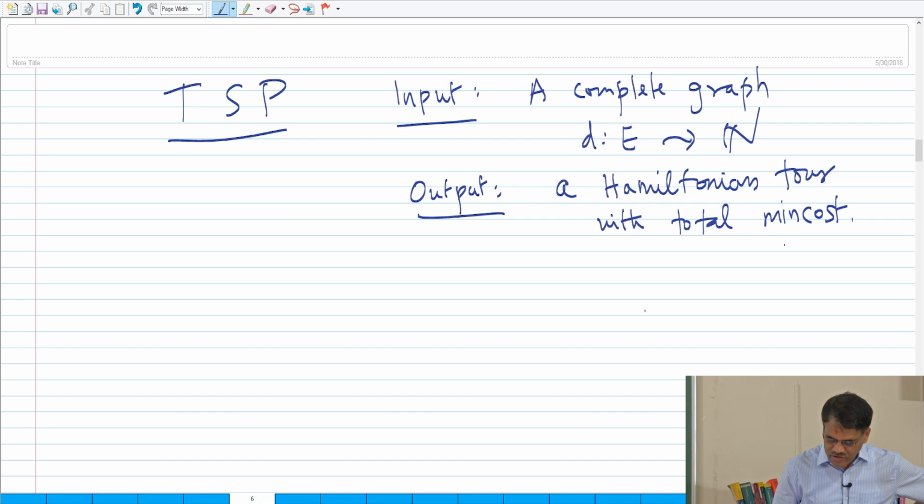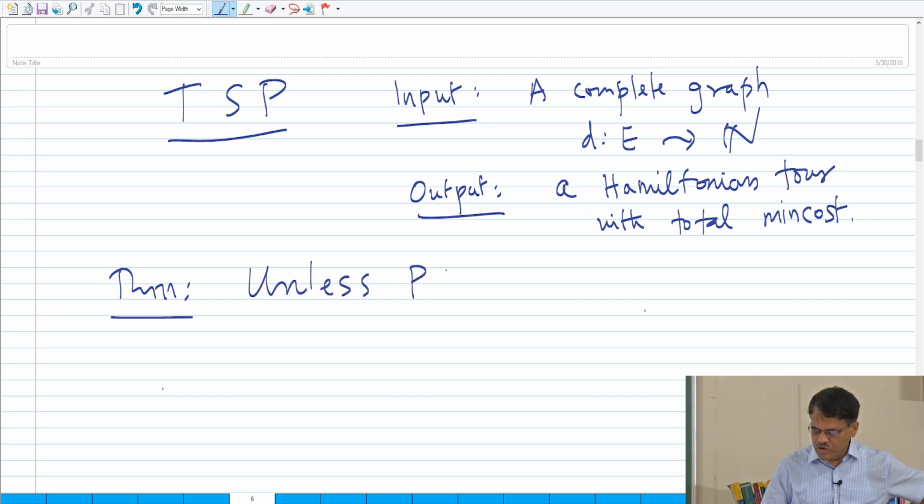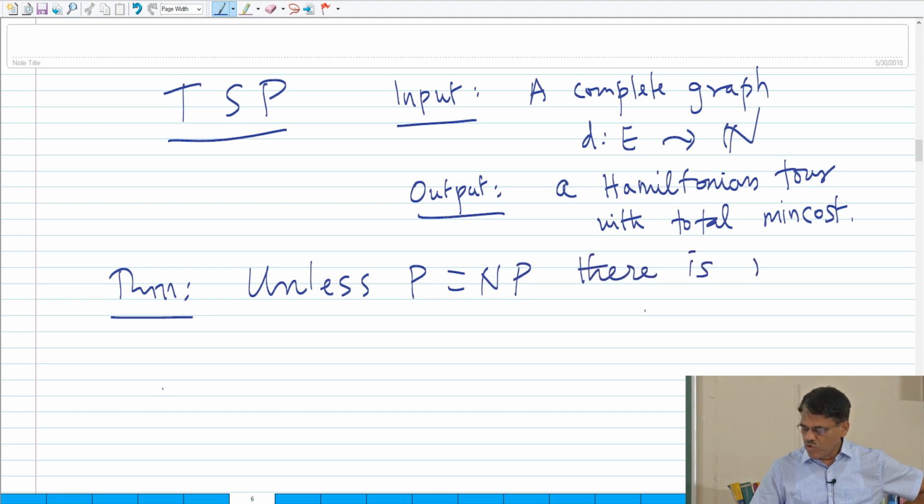So, here is a striking first theorem. Unless P equals NP, there is no polynomial ratio approximation algorithm possible.